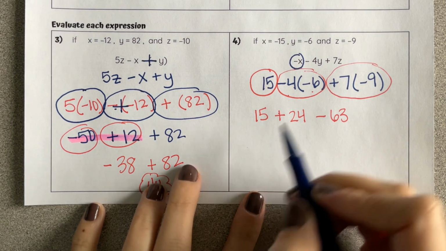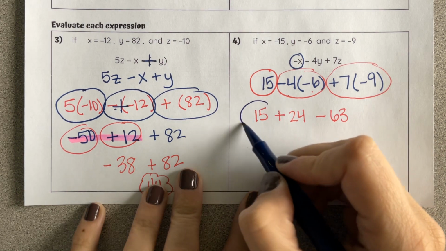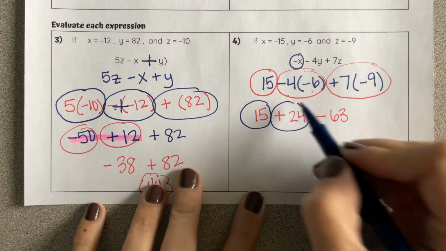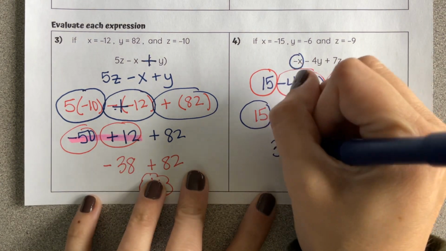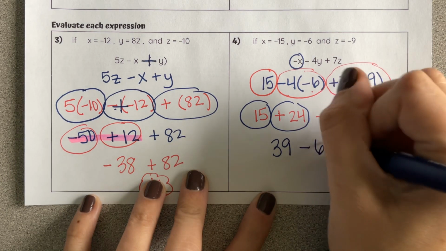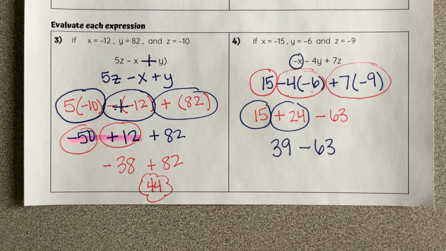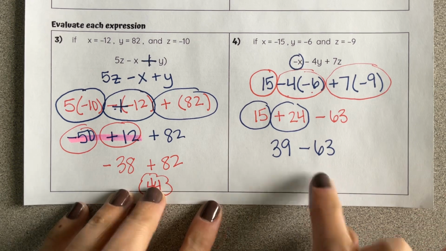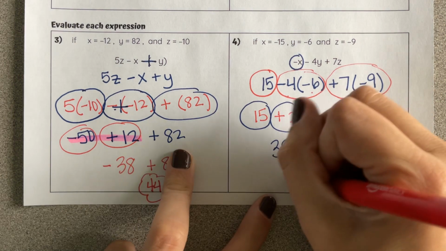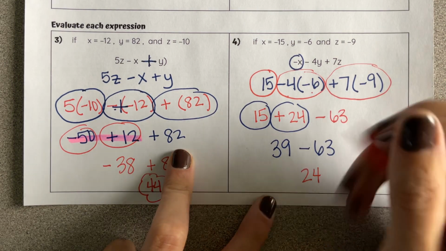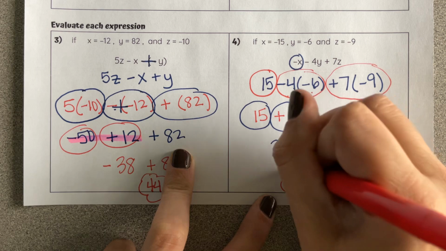Now we have addition and subtraction. It's going to go left to right. So we've got positive 15 and positive 24, which is going to give me positive 39 minus 63. Then we've got a positive 39 and a negative 63, which we find the difference, which is 24. There's more negatives, so it is negative.